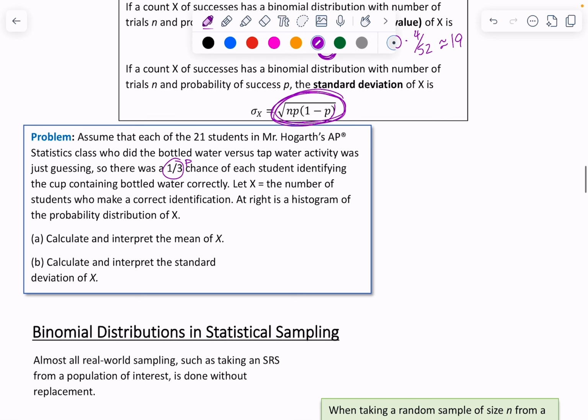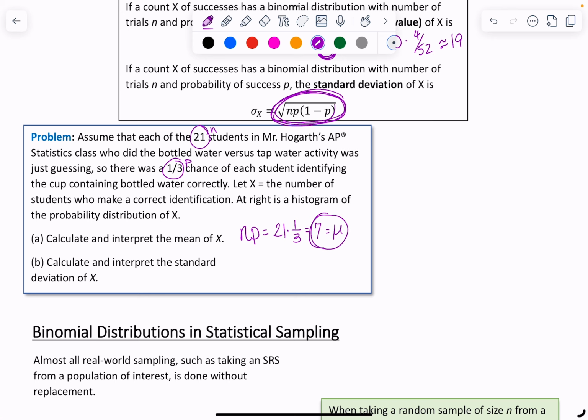So the mean is supposed to be N times P. We know P is 1/3. What's N? N is our number of students. If there are 21 students and I should expect 1/3 of them to get it right, my average is going to be 7. This is my average.